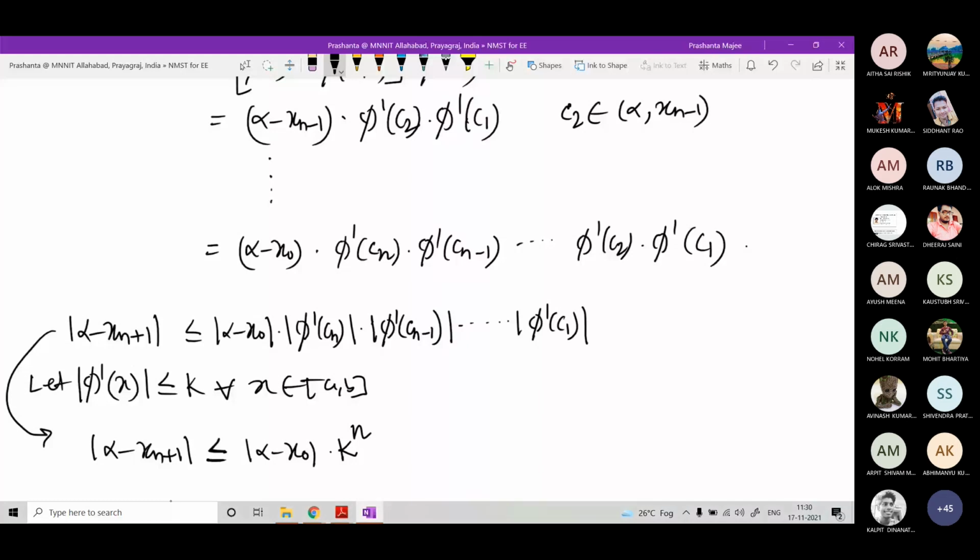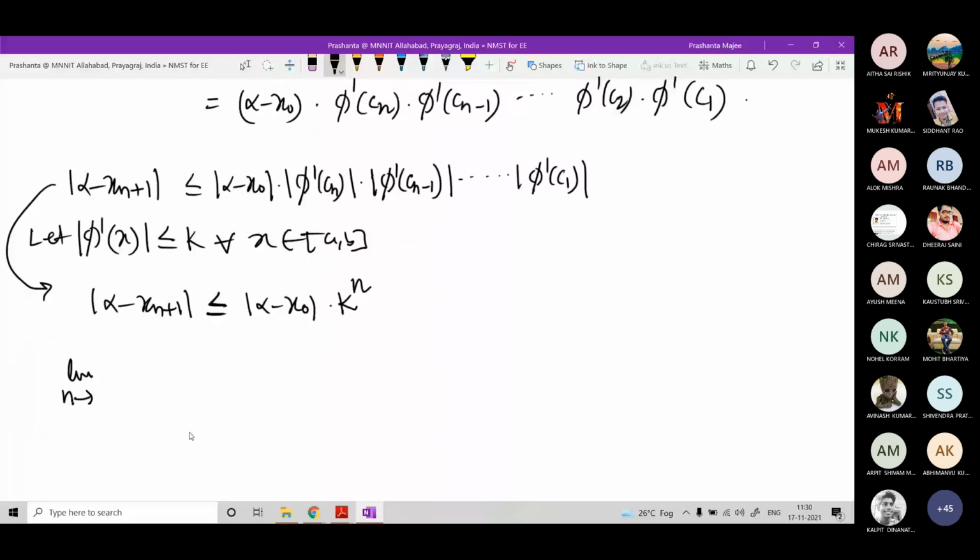So tell me the values of k for which the limit as n tends to infinity of mod of alpha minus xn plus 1 equals 0 if and only if k lies between 0 and 1. k is a positive value, it is a bound.